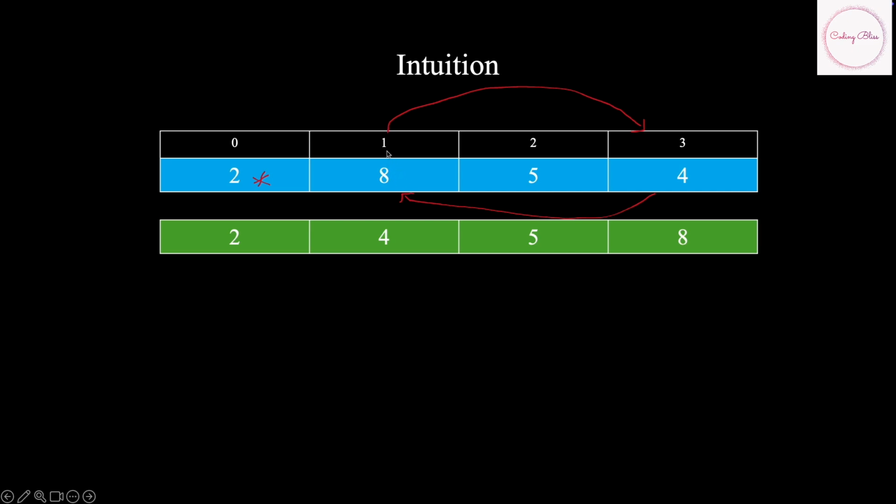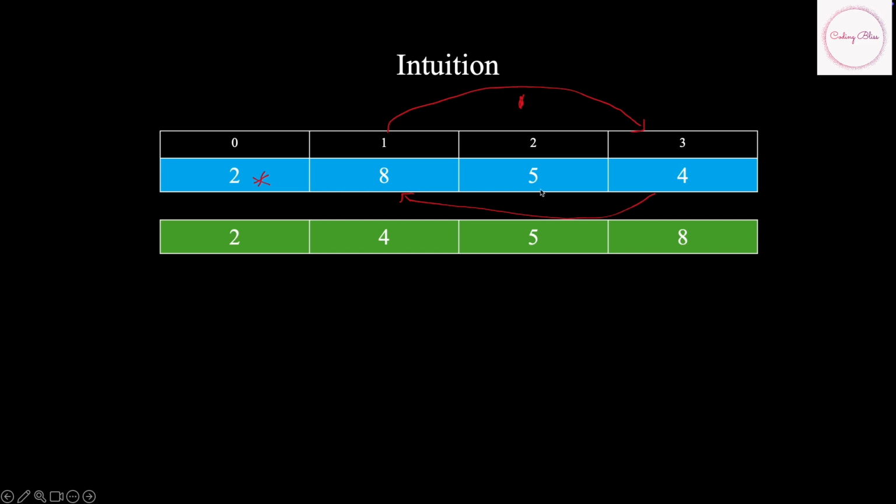So if you swap these two values, then you have the 8 and 4 in proper position. That means with one swap, 8 and 4 will be in the proper locations.